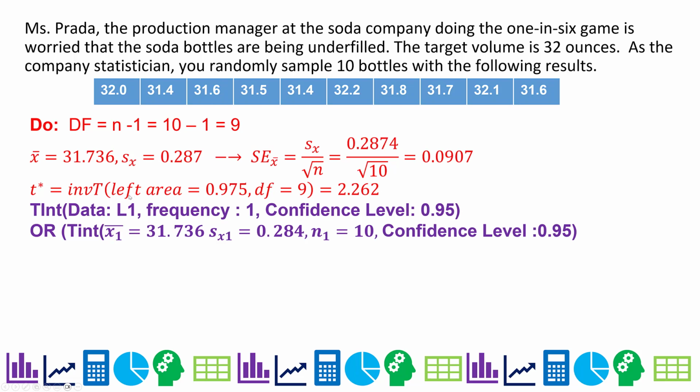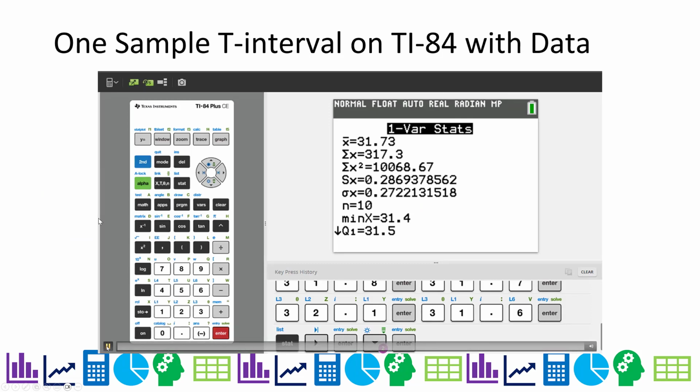And if I want to calculate the critical value, it's inverse t, left area is 0.975. Remember, degrees of freedom is 9, and it's 2.262. I'm going to skip doing the calculator on that, because most of the time when you're doing a confidence interval, honestly, you're just going to go ahead and use the calculator.